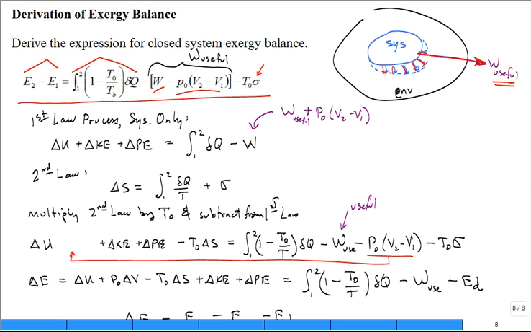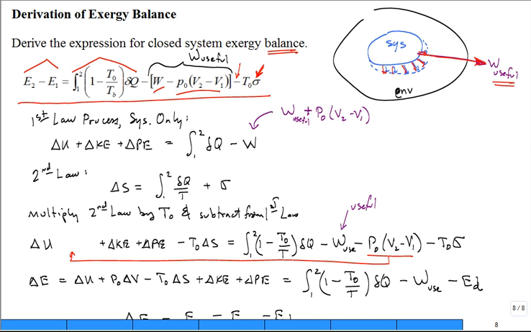So this is our exergy balance equation. Is exergy conserved? No. Exergy can be destroyed if you have sigma, if you have irreversibilities. If there is some entropy generation, there will be exergy destruction. So it's a minus for the destruction, T naught times sigma.